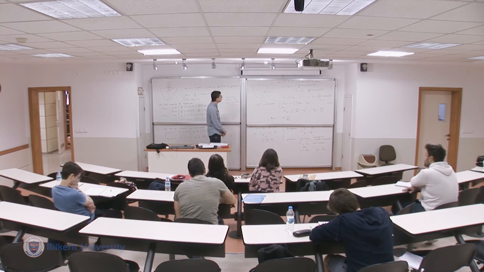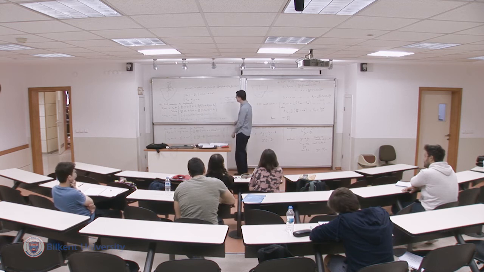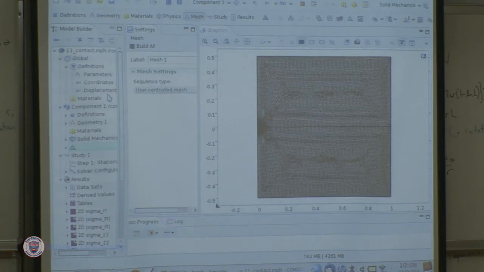So let's proceed with the comparison of the numerical and analytical solutions. I have my solution here in case we want to refer to it. In this case, it turns out that the challenging part is not really the analytical solution.